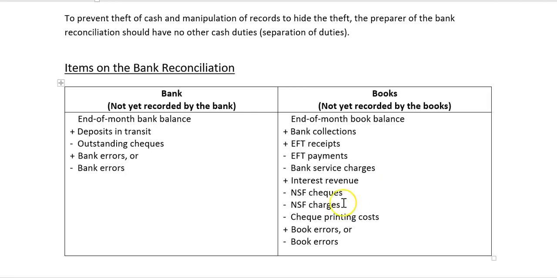And then we have NSF checks and NSF charges. NSF means not sufficient funds. So basically when somebody gives us a check but doesn't have the funds to back it up, the bank will initially add that amount of money to our account.